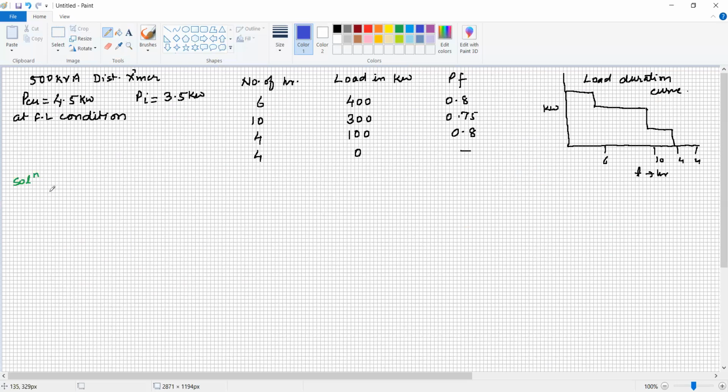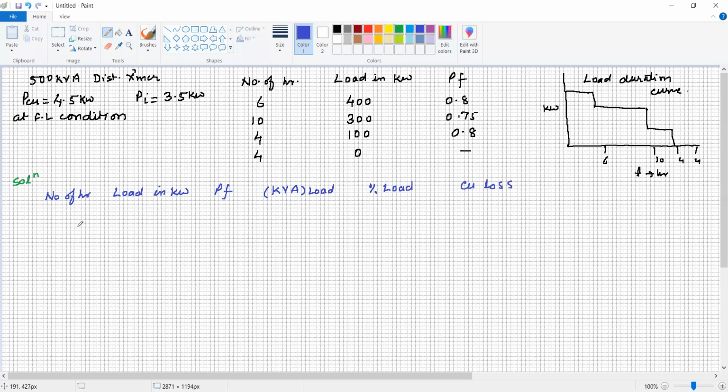Again, I will write the number of hours, load in kilowatt, power factor, load KVA, then percentage load, then copper losses.